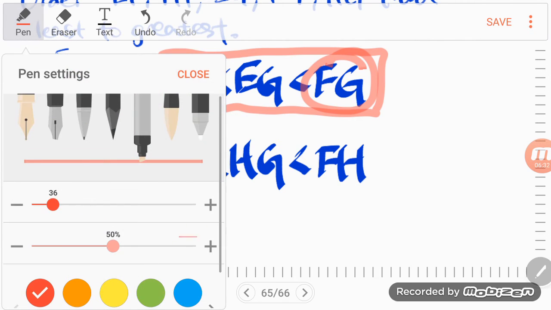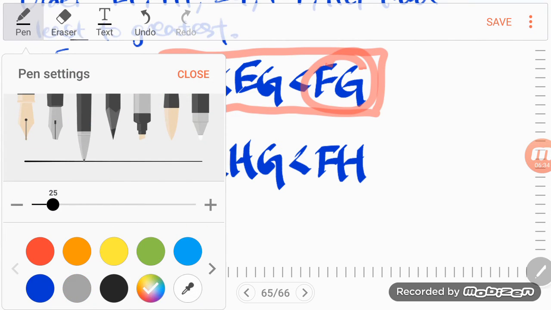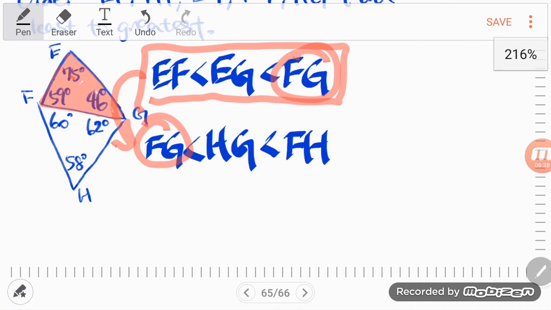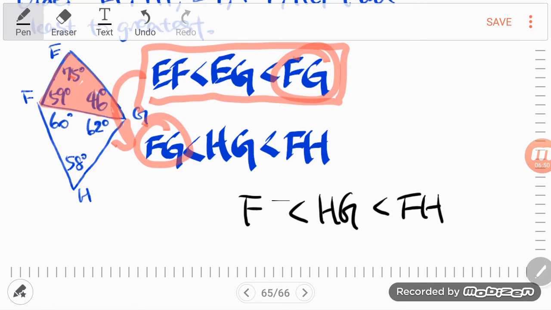We're pretty much just gonna combine these two inequalities. I'm just gonna copy this first: FH less than HG less than FG. I'm just copying this chunk down there.